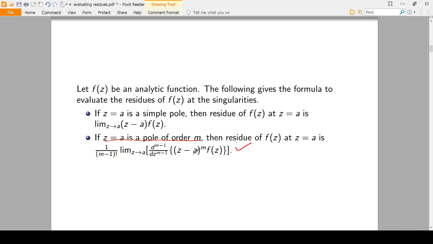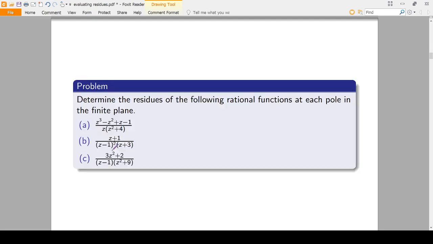In other words, you have to differentiate z minus a whole power m into f of z, m minus 1 times, and allow limit z tending to a and multiply the resultant with 1 by factorial m minus 1.